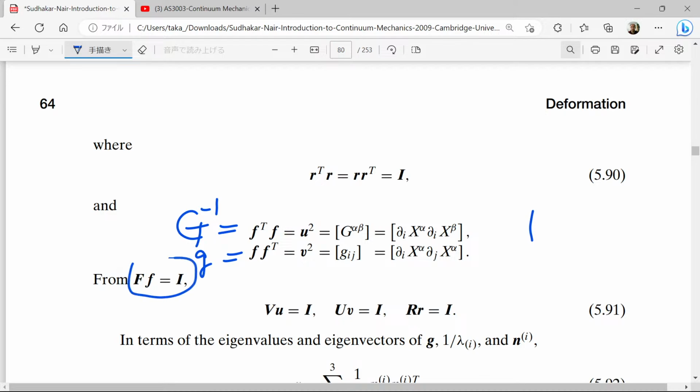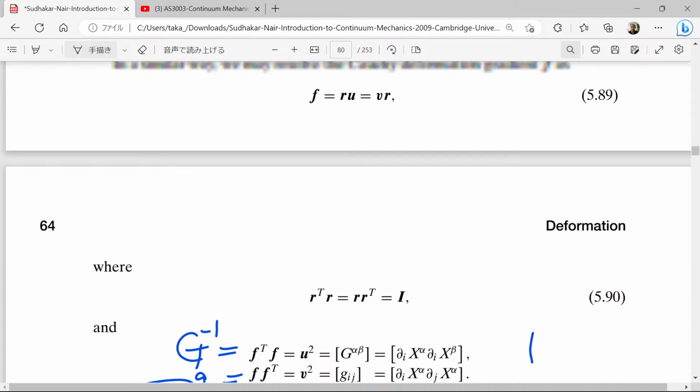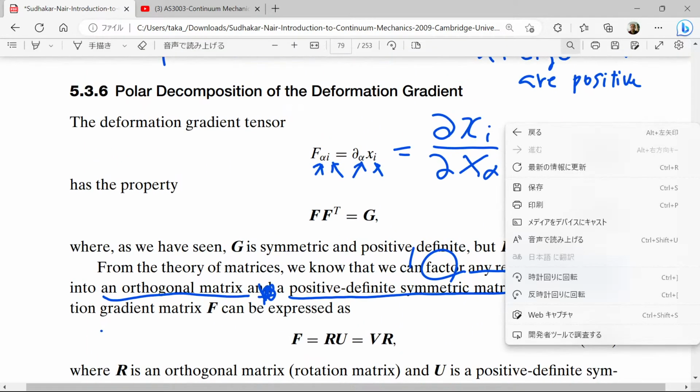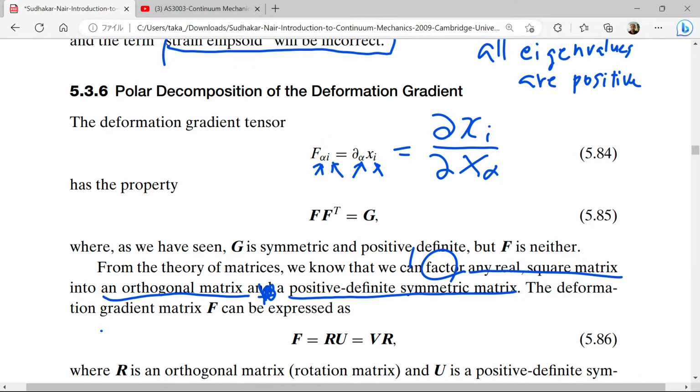And this one, I don't know where we have this. Is it like f i alpha equals partial x i over partial X alpha? Is this the case?